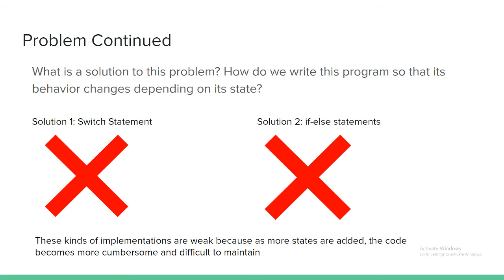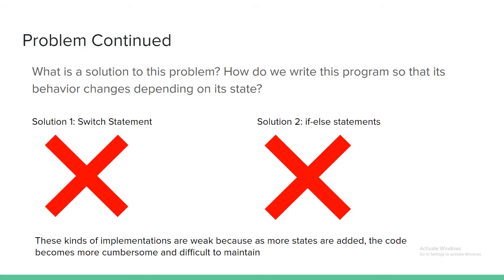One way we could possibly do this is through a switch statement, right? So we have some variable that holds the player's state, and based on the state that it's in, it executes some code.